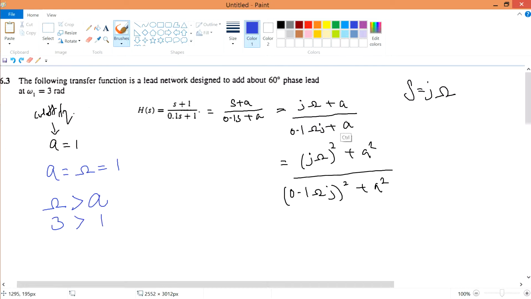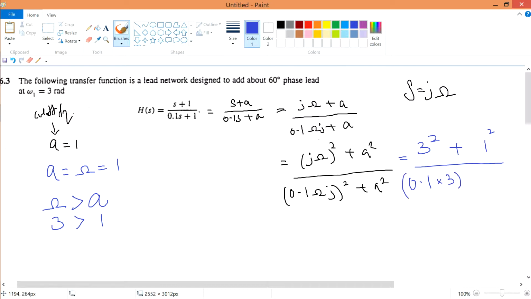Substitute it in as my omega. So when omega is equal to 3, it's 3 squared plus A squared, where A is 1, so 1 squared, divided by 0.1 times 3.